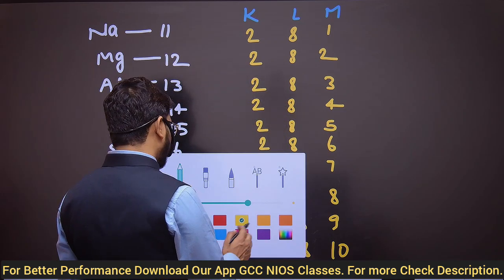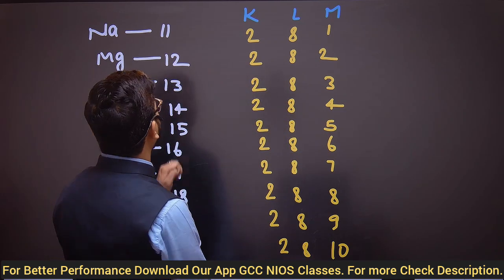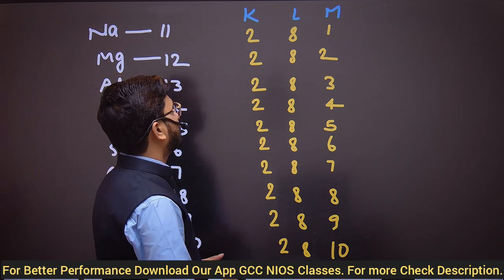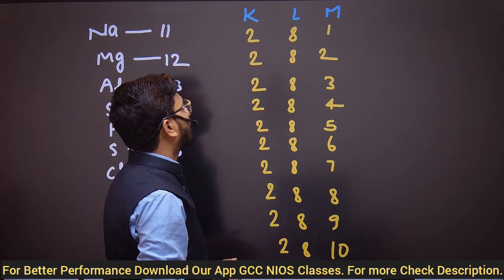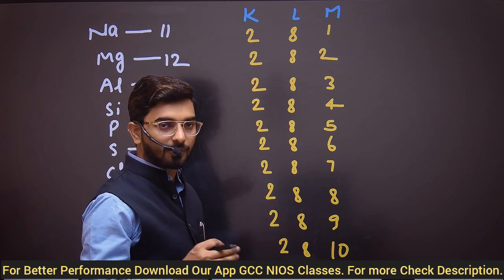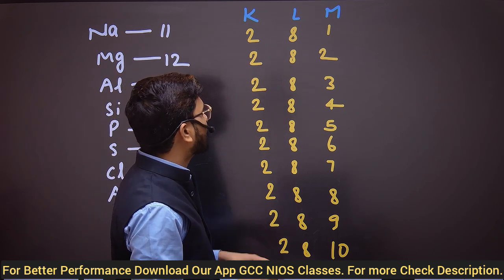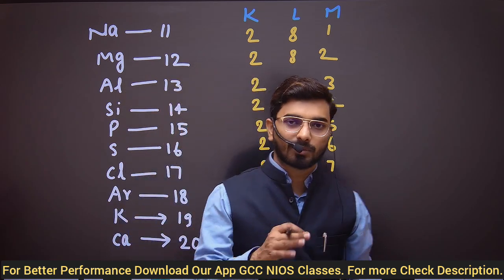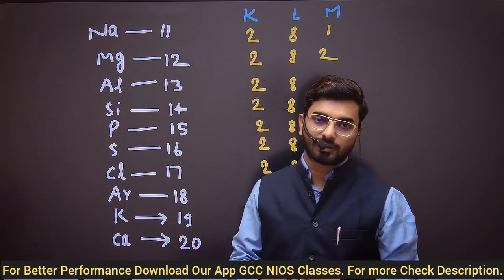Now first of all, focus on sodium. In the case of sodium, the K cell has only 2 electrons, which is fulfilled. The L cell also has its 8 electrons, but the M cell requires a minimum of 8 electrons to complete its octet rule.